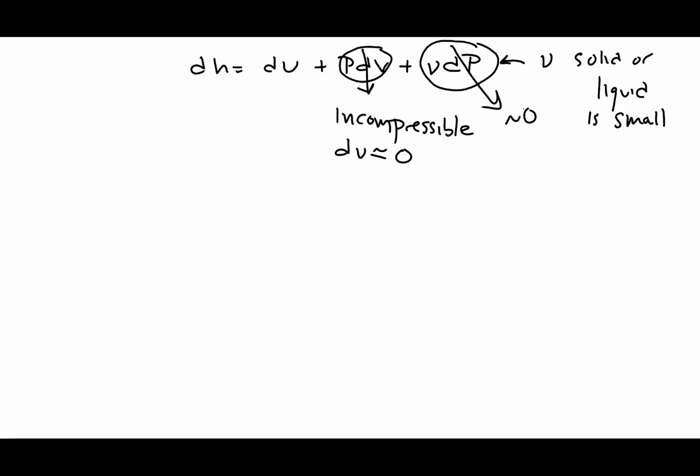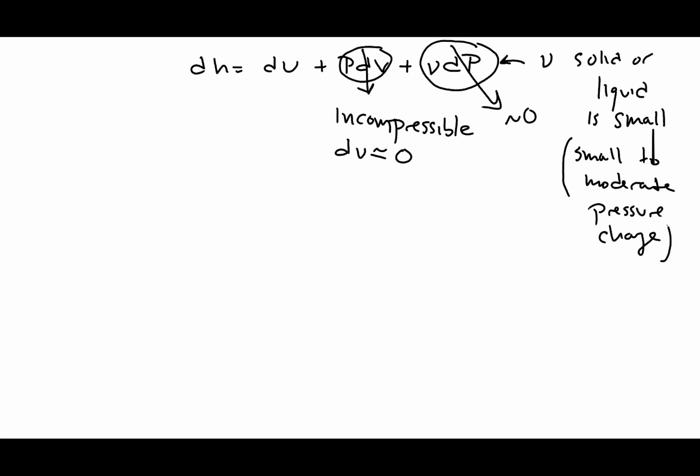So this is assuming that we don't have a large change in pressure, because if dP is really large, then we can't assume that this term is approximately 0. But just for now, we're going to assume that we have a small to moderate pressure change.